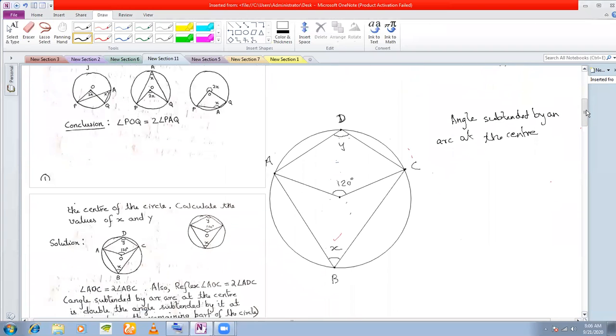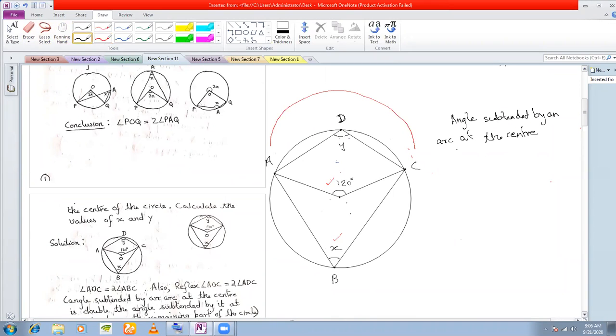Let us consider the angle subtended by this arc AC. What is the angle subtended by this arc AC at the center? This is your 120 degree, right? This is the first part.